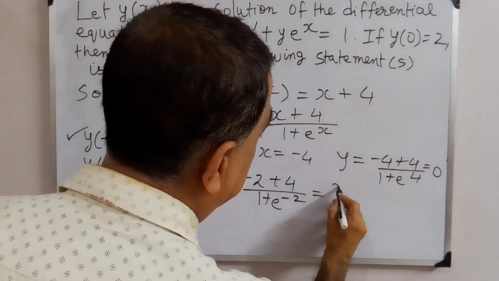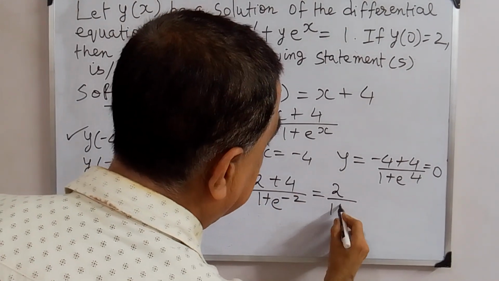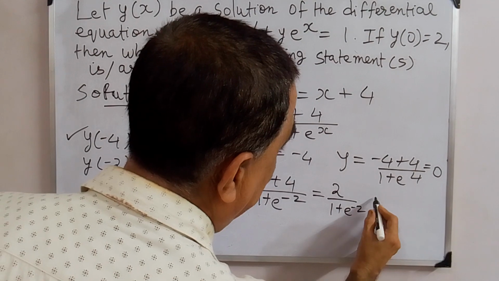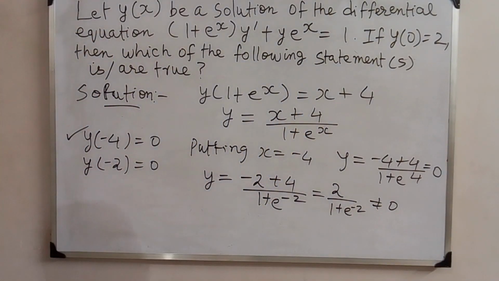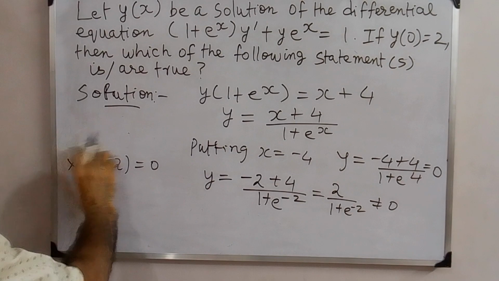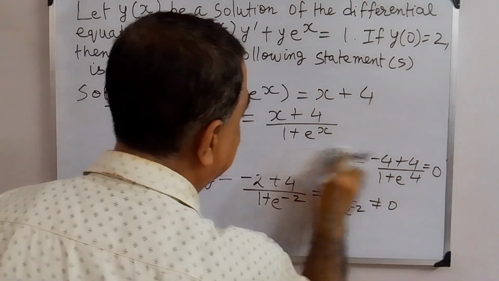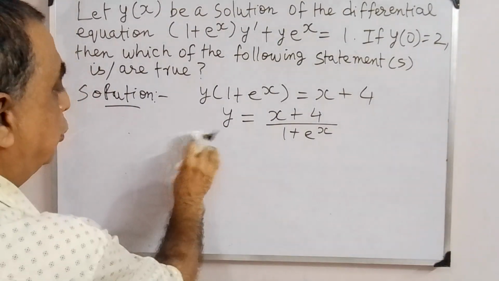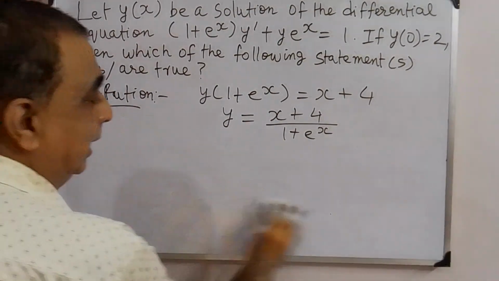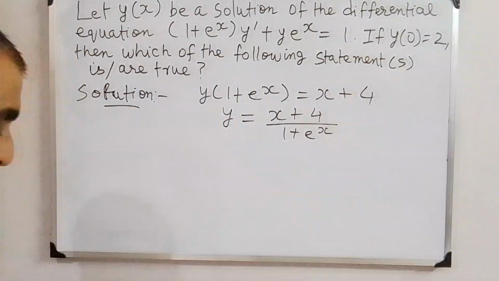So this becomes 2 divided by a positive number. So that is not equals to 0. So y value is not equals to 0. So the B option is not correct. Okay, so A is correct and B is not correct. Now we will check the C and D options, whether they are correct or not, let us check.